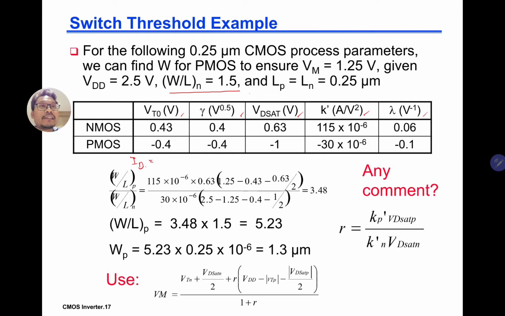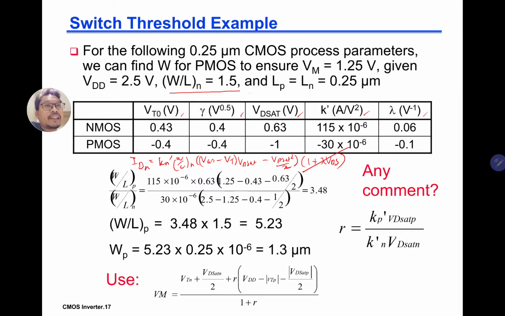ID, let's say N, through the NMOS in velocity saturation is simply Kn prime W over Ln, VGS minus VT, times VDSAT minus VDSAT squared over 2. Okay, and let's ignore our channel length modulation, so normally we would have 1 plus lambda VDS, but I think in this equation they ignore this one. Okay, if they say don't ignore, then you need to put that one there.